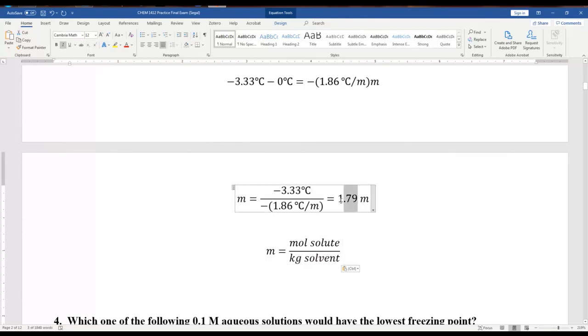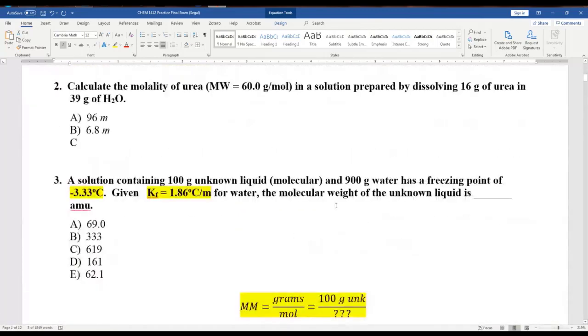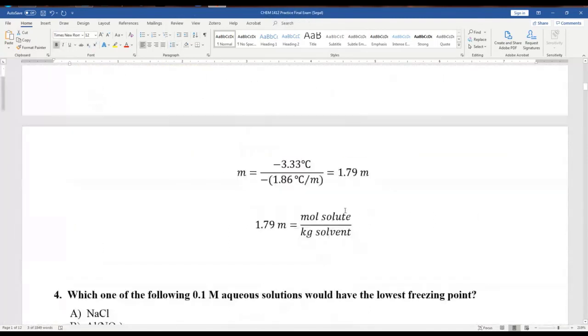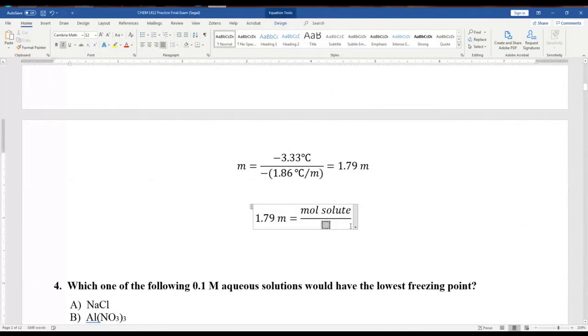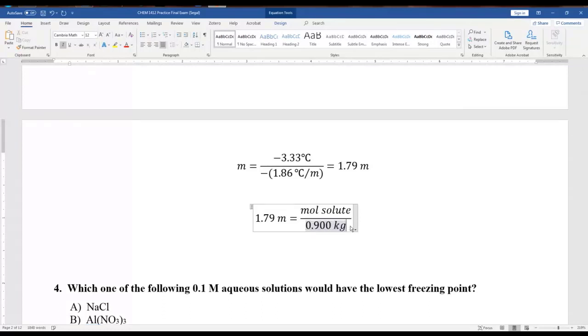The molality, of course, is just going to be the 1.79. Kilograms of solvent, though, I see that I have 900 grams of water. Well, 900 grams of water is not kilograms, but since all you have to do to get kilograms is divide by 1,000, this is going to be 0.900 kilograms of solvent.